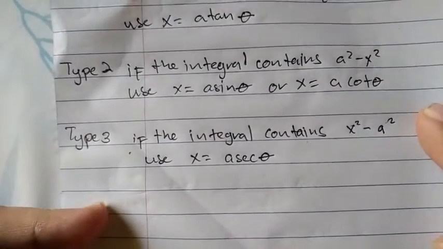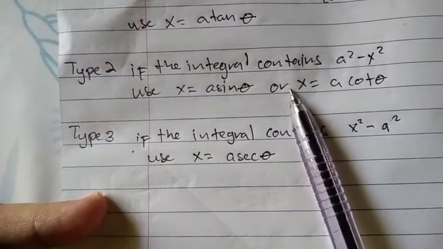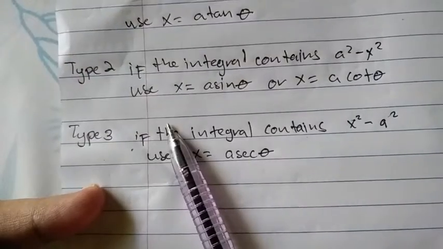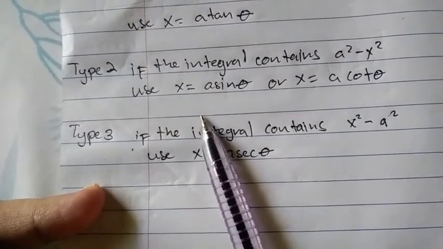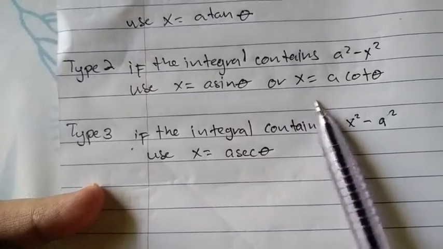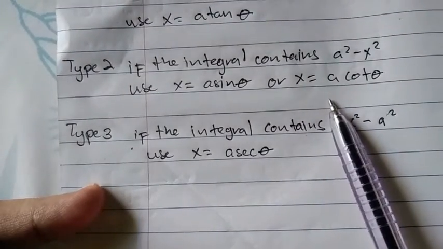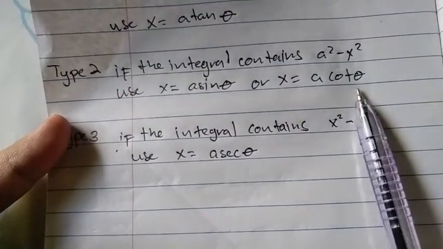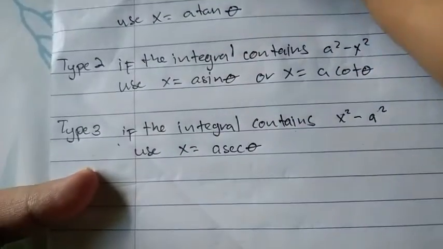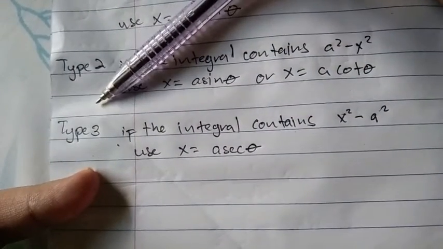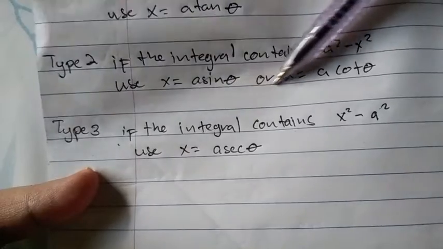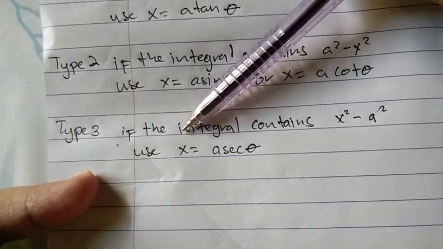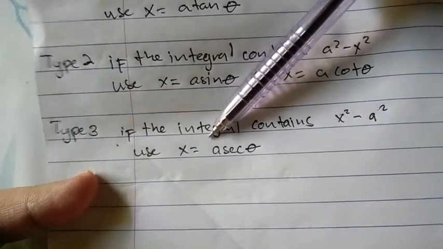Next, type 2: if the integral contains a squared minus x squared, use x equals a sine theta or x equals a cos theta. Then type 3: if the integral contains x squared minus a squared, use x equals a sec theta.